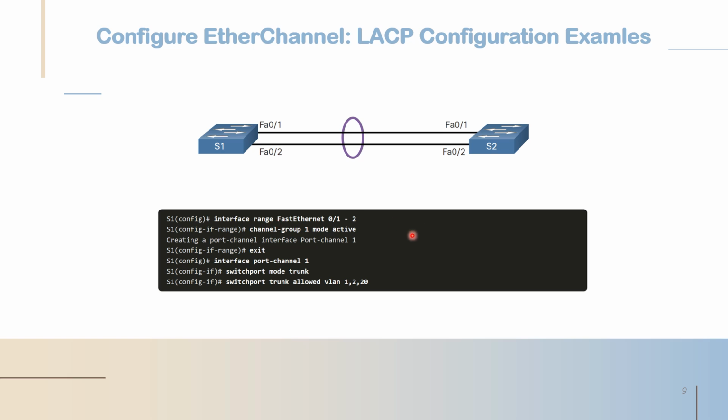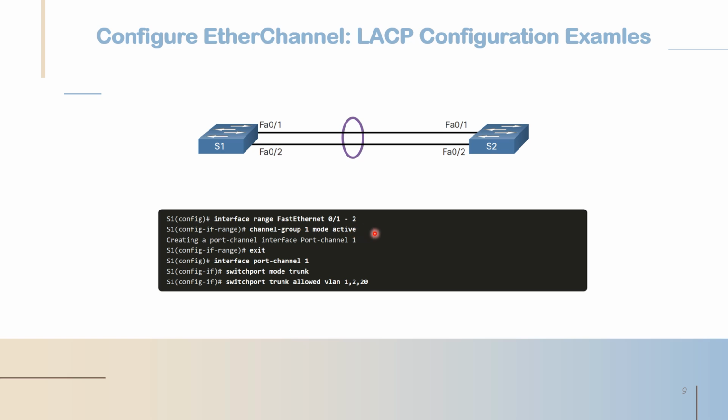Step 2 is creating the port channel interface with the channel-group command followed by an identifier and mode active, in interface range configuration mode. The identifier specifies a channel group number. The mode active keyword identifies that this is an LACP EtherChannel configuration.